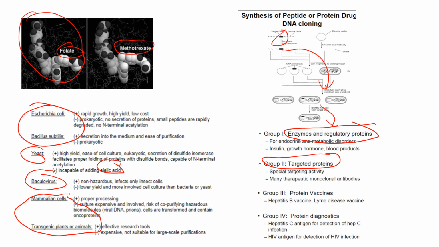Group 3 is protein vaccines. If you had to remember one of these, I'd remember Hep B. I don't remember if that was a question or not. That might come up again later. That's your most common protein vaccine. You'll learn about that a bit when you do your vaccine training in the spring. And then finally, group 4 is protein diagnostics. Think like a test, like an HIV test. I think you can also do Hep C. So things of that nature.